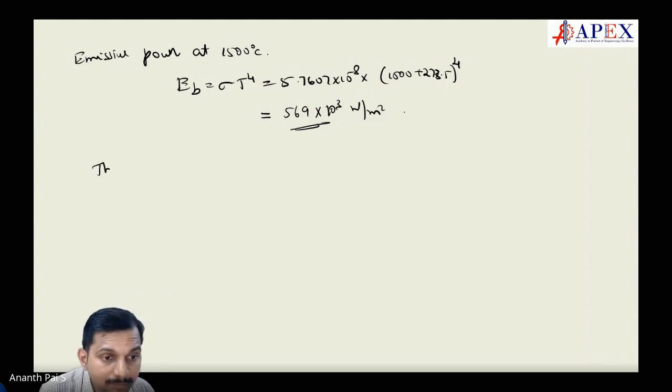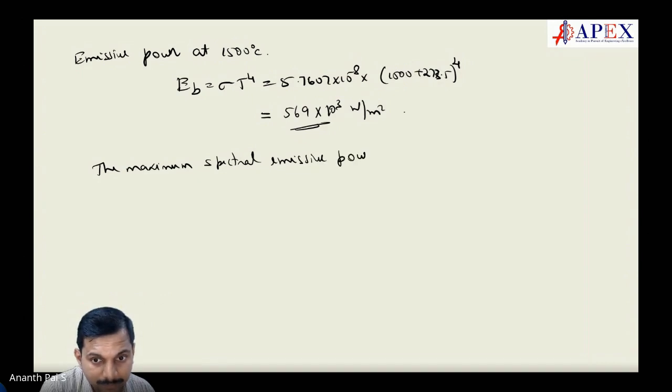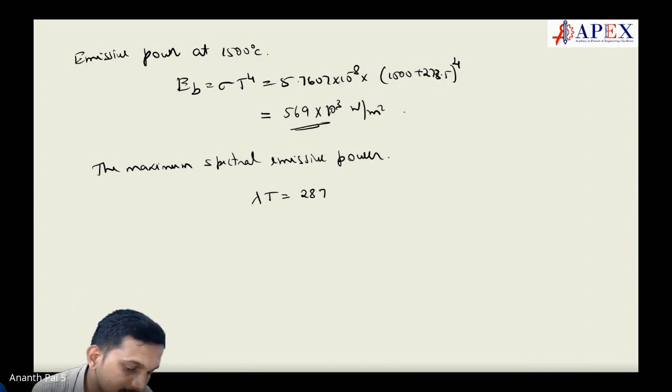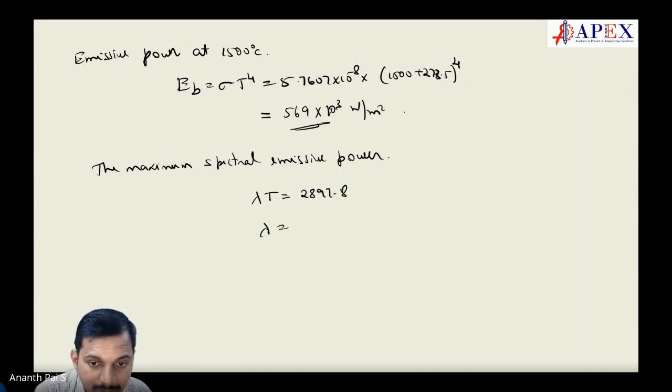The maximum spectral emissive power happens at lambda T equal to 2897.8. So lambda is equal to 2897.8 divided by 1500. So it is around 2 micrometer. Is it not?